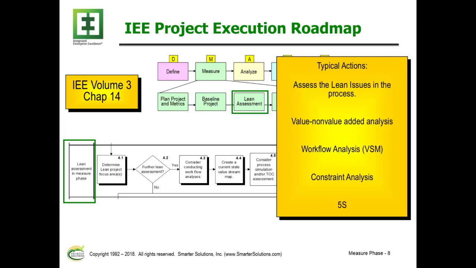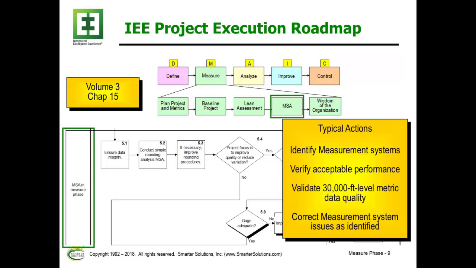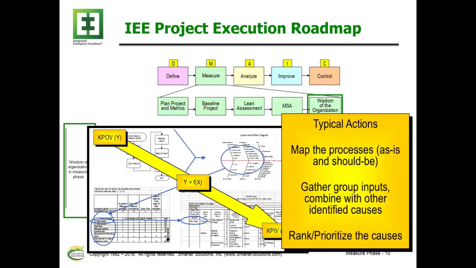Measurement system analysis is something we ought to be looking at, whether we do a formal Gauge R&R or at least think about whether we have good data integrity. Are there some issues or inconsistencies in measuring our system? We want to address those issues.